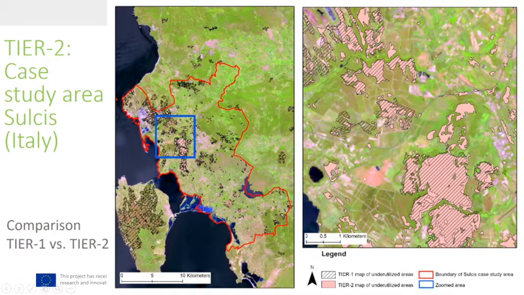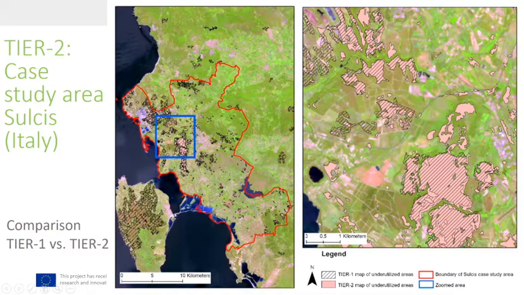And in pink, we can see the tier 2 level where we had more detailed data at hand. So we could also detect smaller patches, for example. And this is quite nicely shown here, that the small patches and some other patches are found with tier 2. But in general, we have a good agreement, so we're mapping the same thing over here.